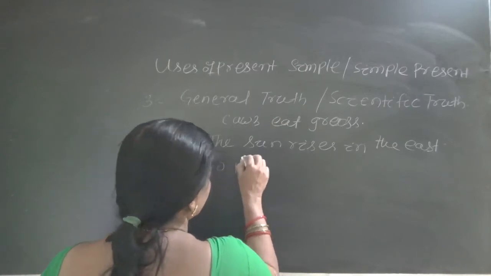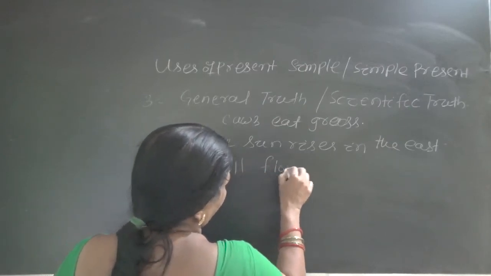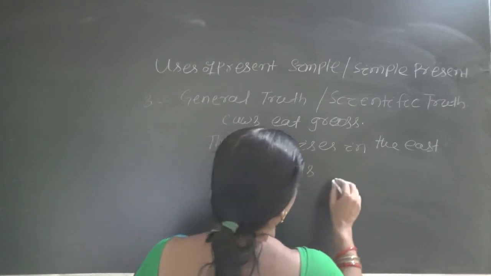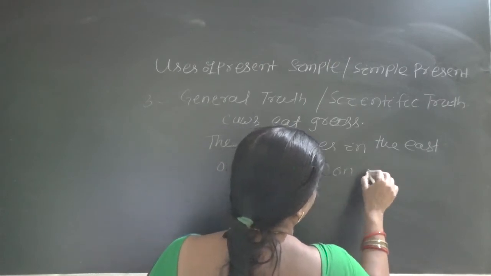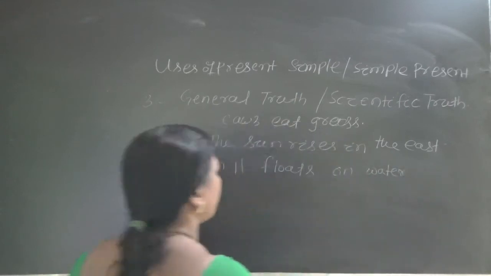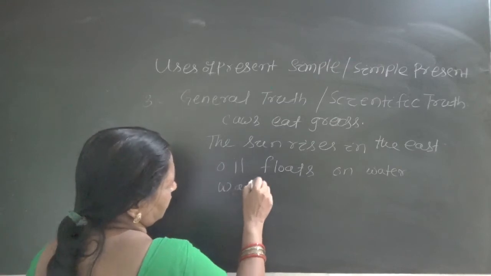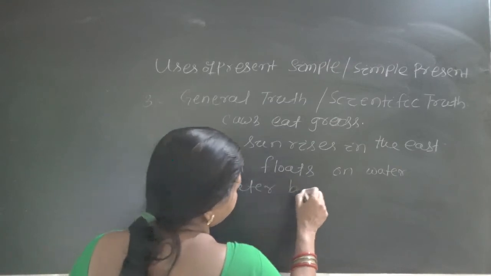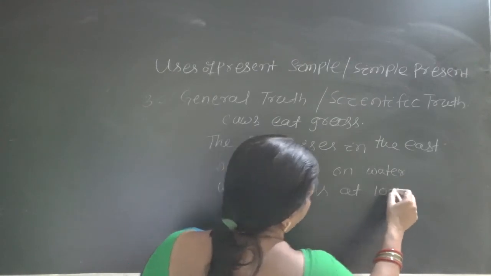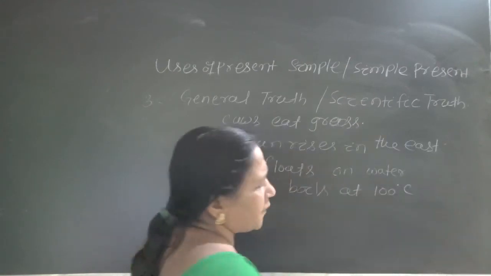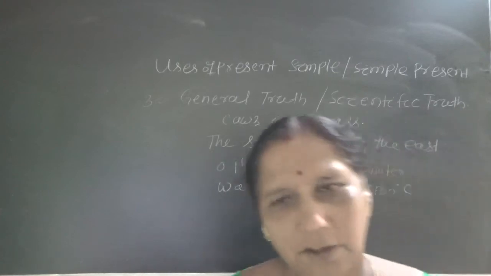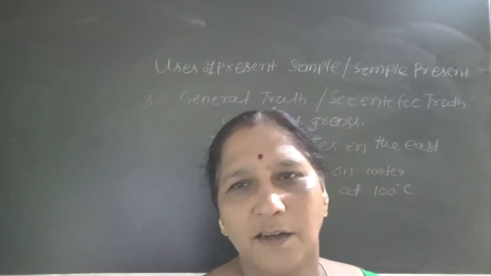Oil floats on water. Water boils at 100 degree centigrade. These are the examples of scientific truth or general truth.